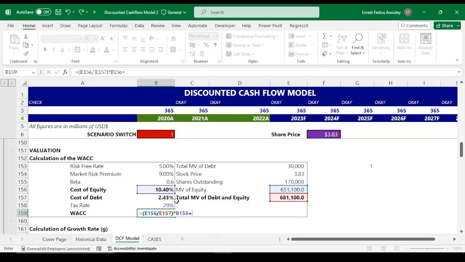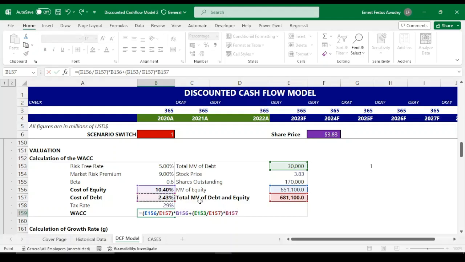And I'm going to add that to, I'll open my bracket again, my market value of debt divided by the total. I'll close my parentheses and multiply that by what we call the after tax cost of debt.